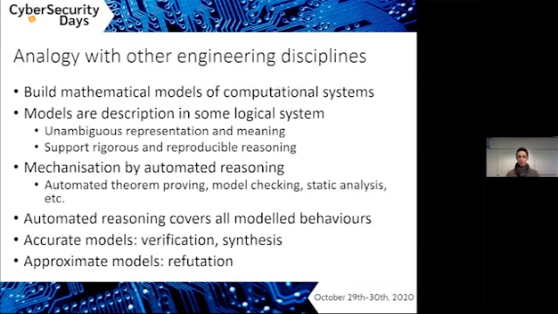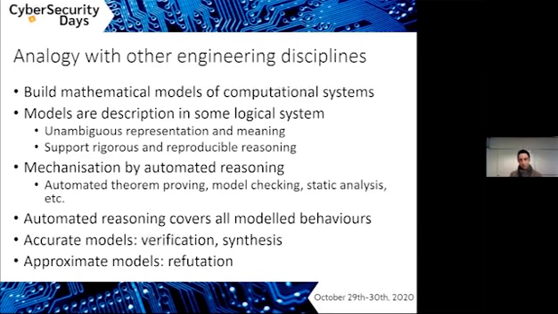For instance, there are automated theorem provers that will allow us, or help us, to prove properties as mathematical theorems about our system. There are model checkers that reduce the verification of some properties to logic, as we will discuss, and other static analysis techniques. And all these allow us to build confidence akin to what is happening in other engineering fields.